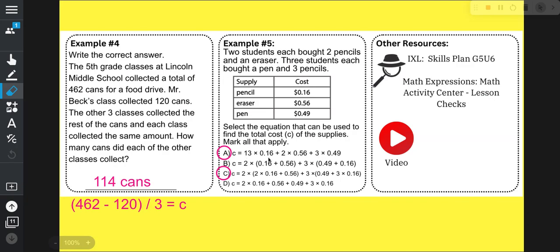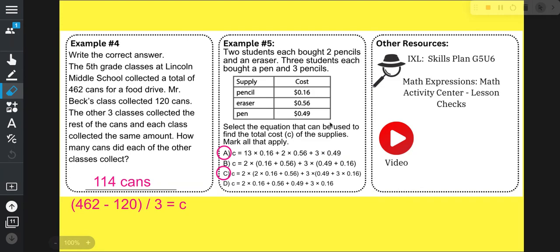So we would do 13 times the pencil amount, plus 2 times the eraser amount, 3 times the pen amount. Otherwise, we could have solved it based on how they said the problem. So we have 2 pencils and an eraser, and 2 kids bought that. And then a pencil and 3 pens, and 3 kids bought that.